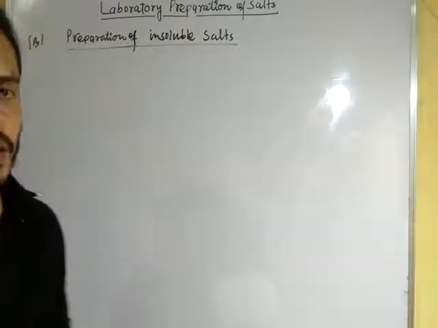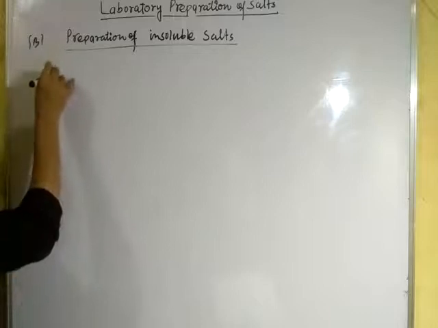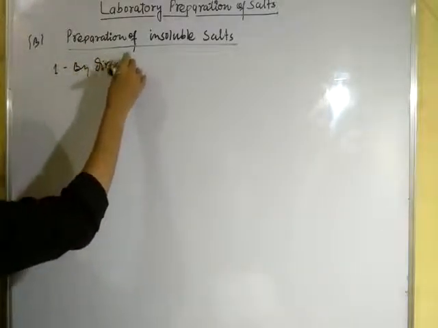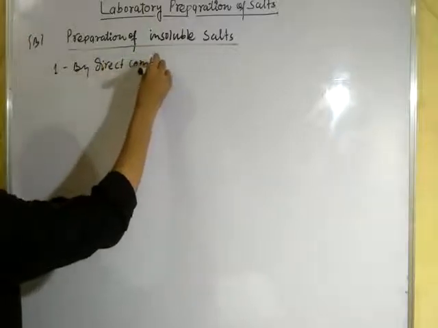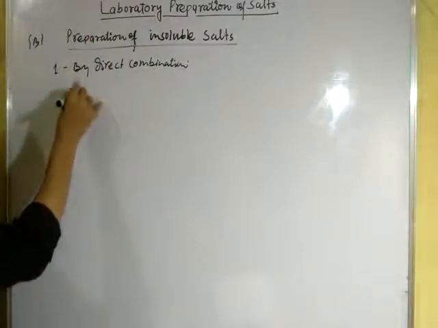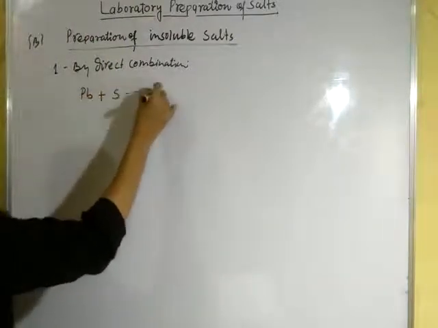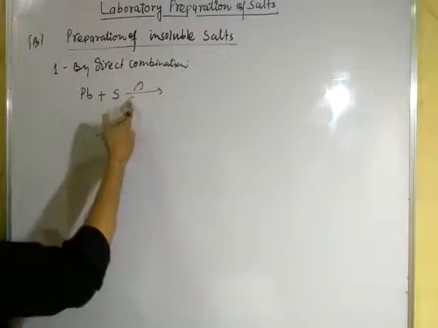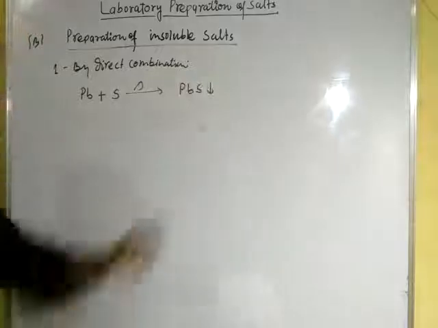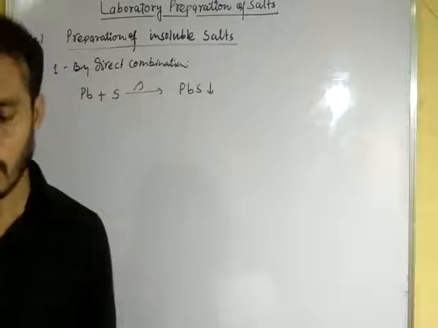First is by direct combination. When lead is heated with sulfur, it forms lead sulfide, and this indicates the precipitate formed in aqueous medium.